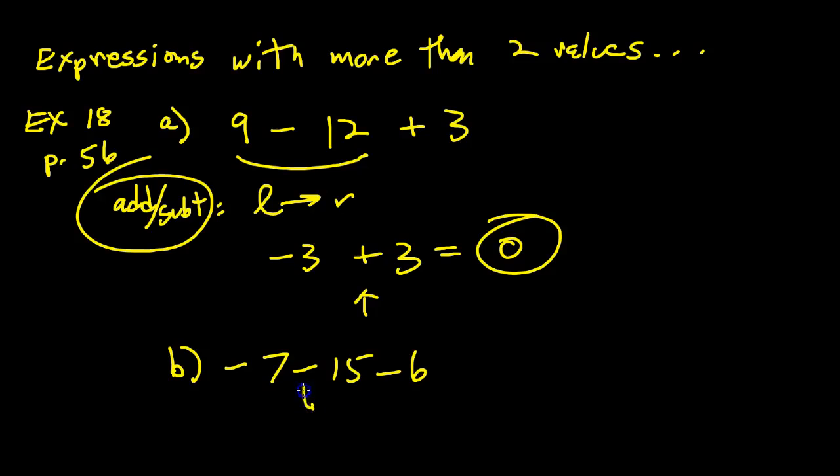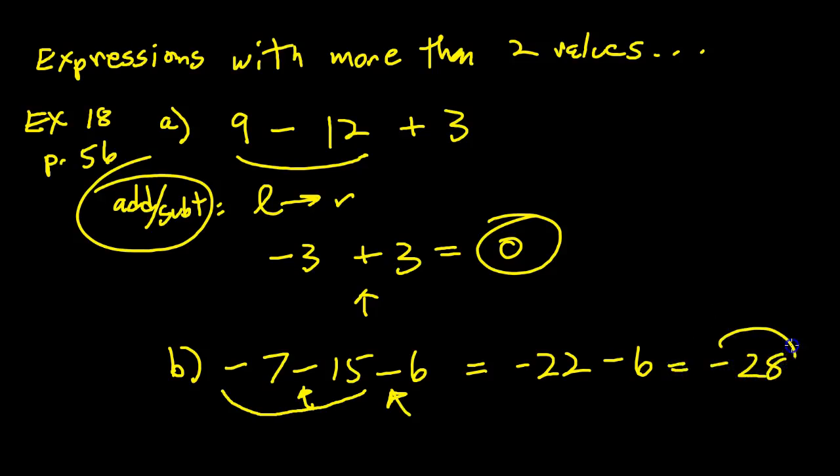This gets done first, left to right, if all we're doing is adding and or subtracting. So minus 7 minus 15 is, of course, minus 22. And then we'll do the second one here. Minus 22 minus 6 is, of course, minus 28.